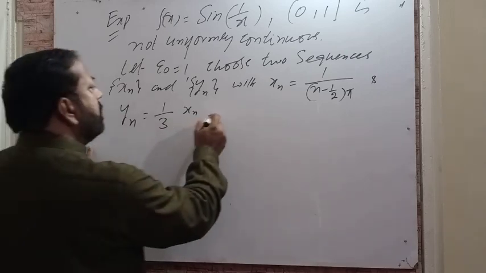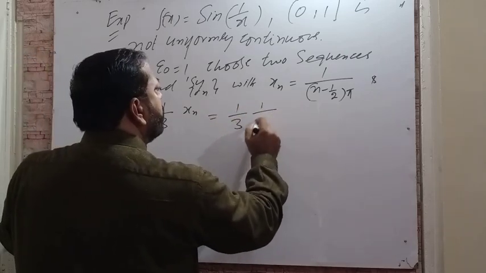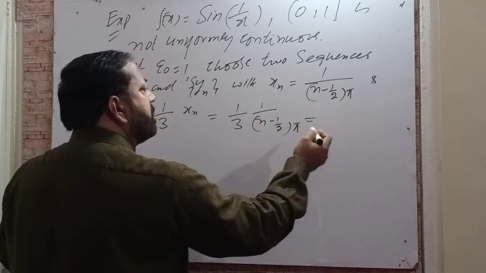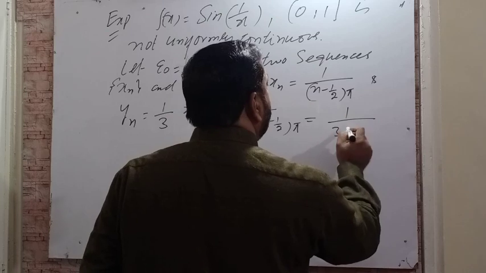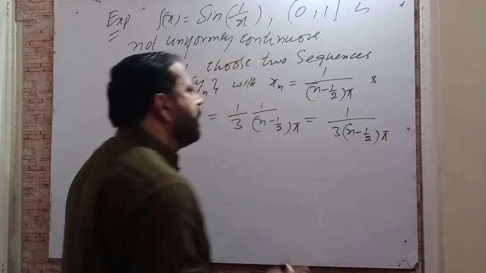What is yn? This is 1/3 times 1 over (n - 1/2)π, or you can say that 1 over 3(n - 1/2)π.